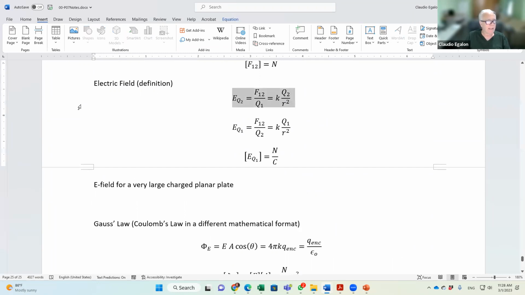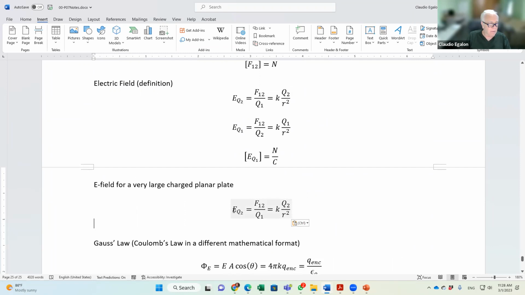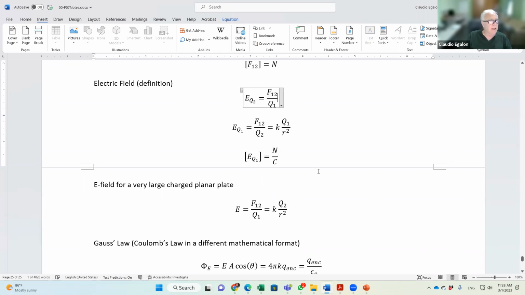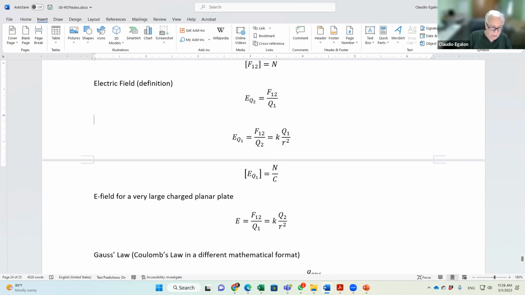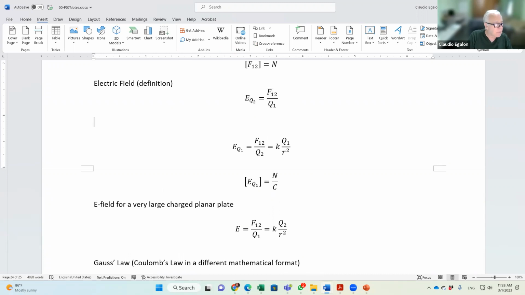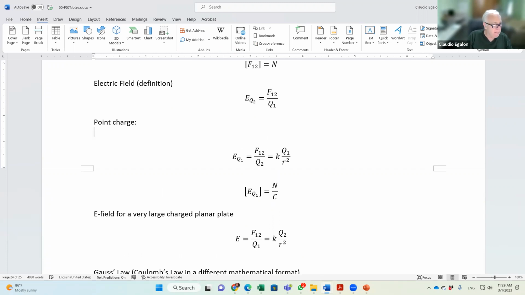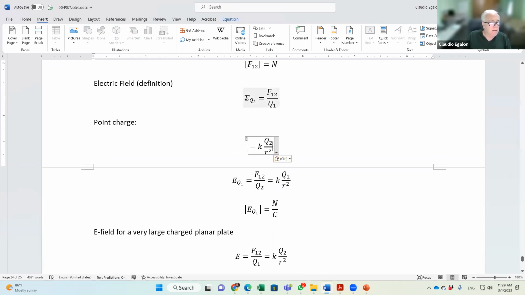Do you remember that? That's no longer a point charge. Let's see here, electric field definition. I want to reorganize that. That's the basic definition of the electric field for a point charge.